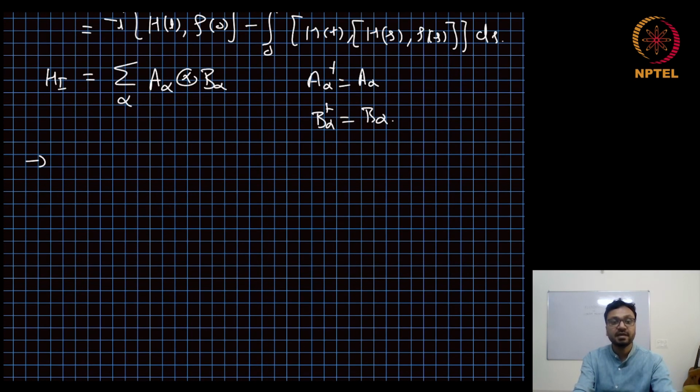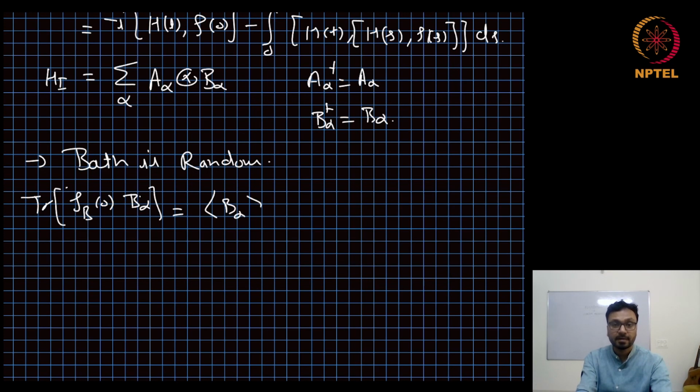One assumption we have here for the open system dynamics is that the bath is completely random. What does it mean? If we have the initial state of the bath as rho B, then the expectation value of all the bath operators B alpha will be 0.